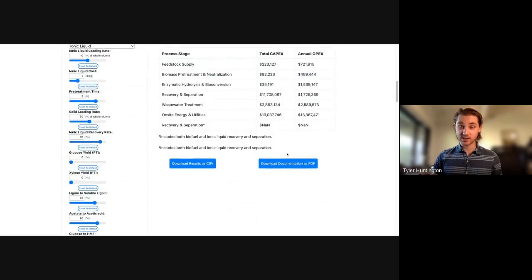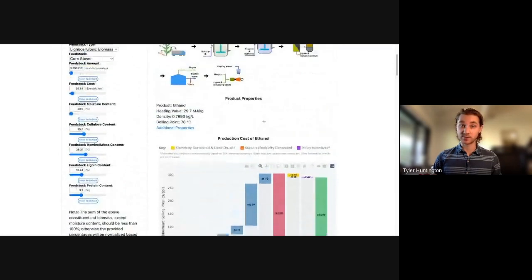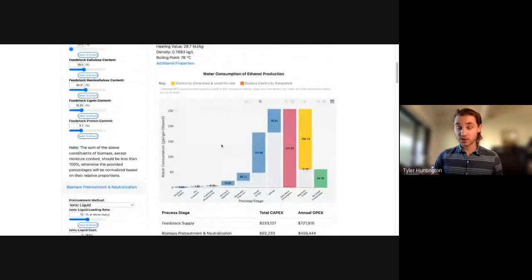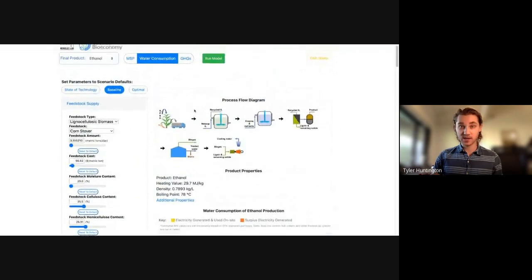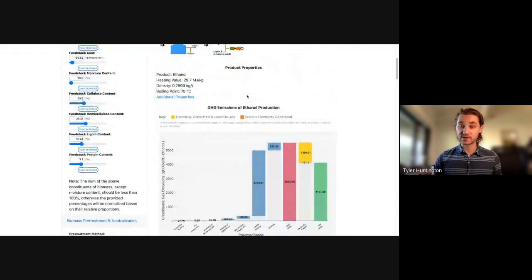And all of this data can be downloaded, along with documentation of all the assumptions that go into the model. These other two tabs show you what the water footprint of this system would incur based on producing a certain amount of ethanol, and the greenhouse gas emissions involved from cradle to grave of that system.